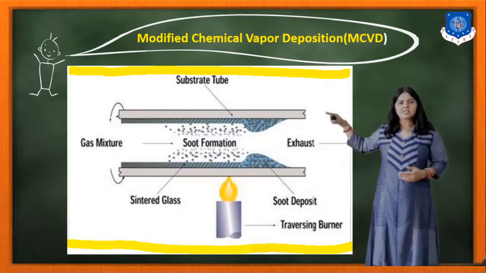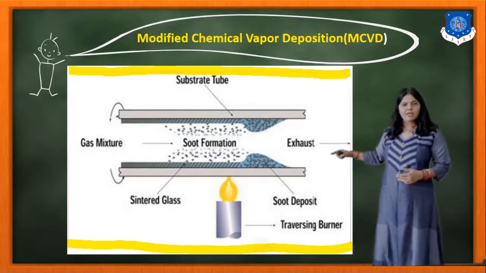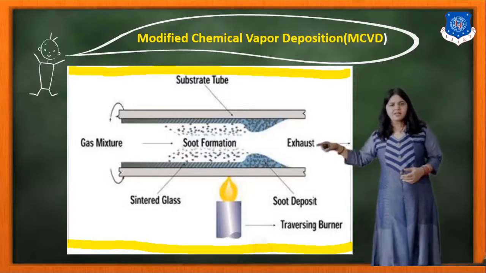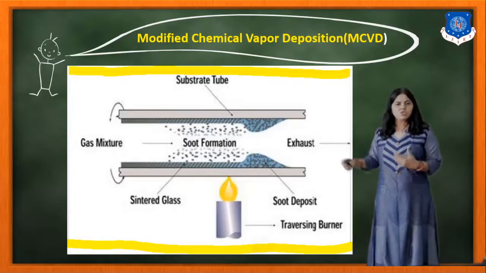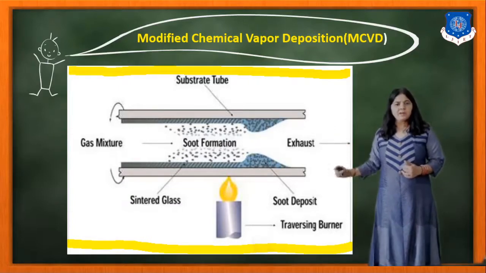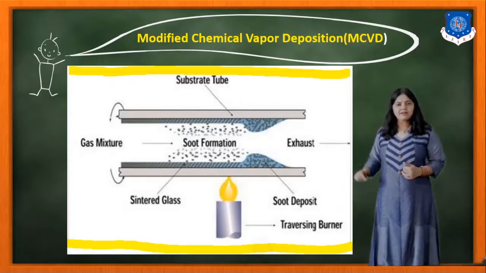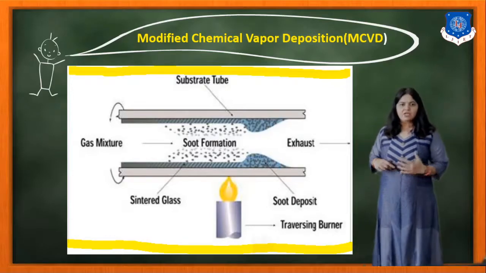Here you can see that there is the substrate tube. What is there inside that tube? There is soot. Now what happens? The burner provides heat to the material which is inside the tube.